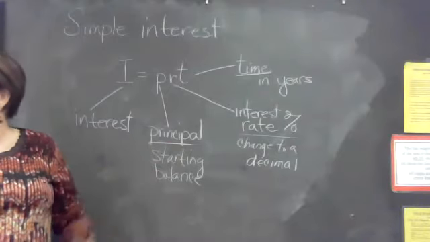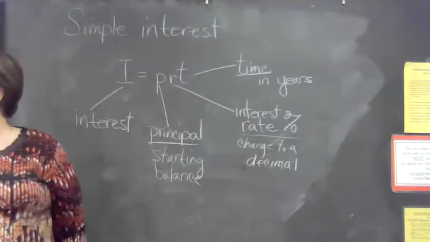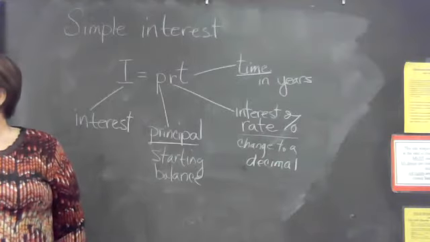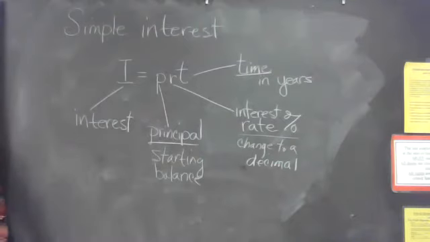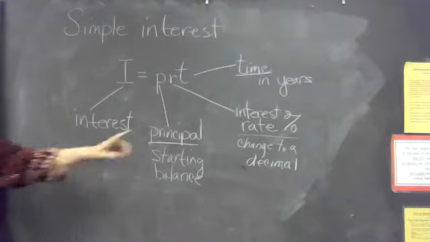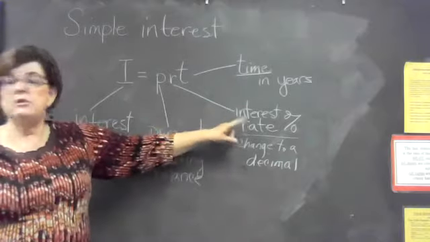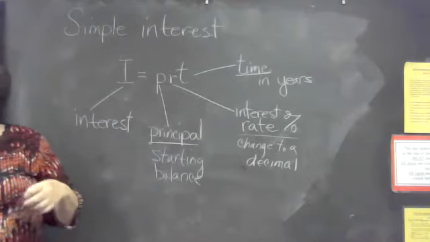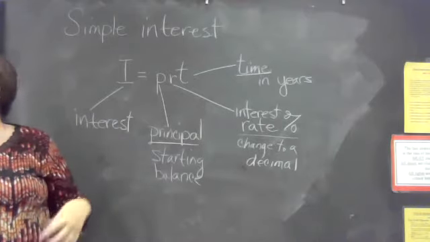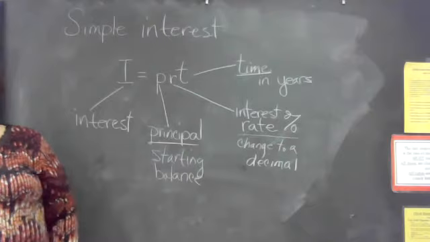Now I'm going to leave that for just a second for everybody to get this down because I don't have enough room to work the problems. So make sure that you have all that information down. On the R, did you put interest rate percent? No, that's a percent. So it's just called interest rate. Sometimes in the sentences, they'll just call it rate, or interest rate, or whatever.